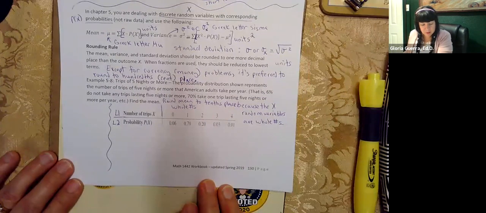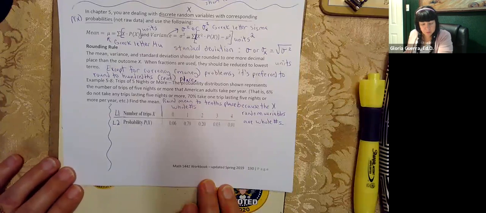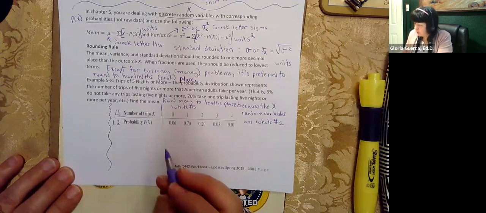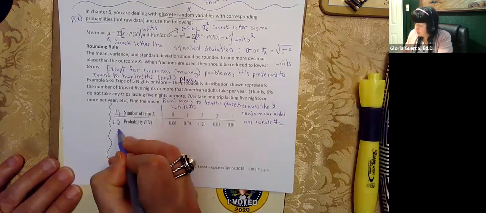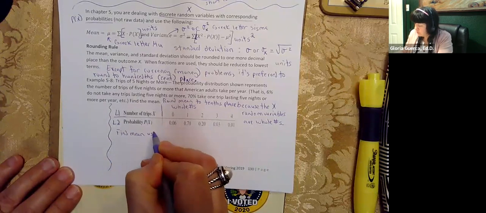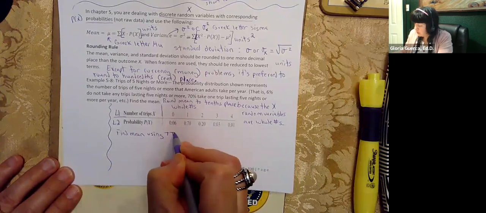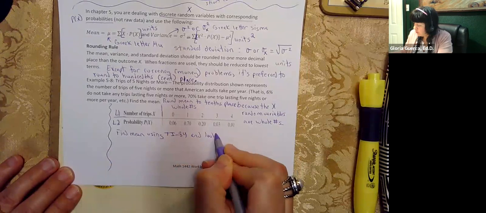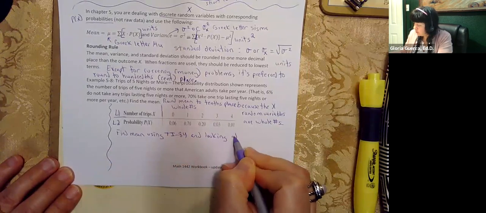And on the TI 84, we're going to use the calculator for these, and when we find the mean, we're going to find the mean using the TI 84 and looking at X bar.